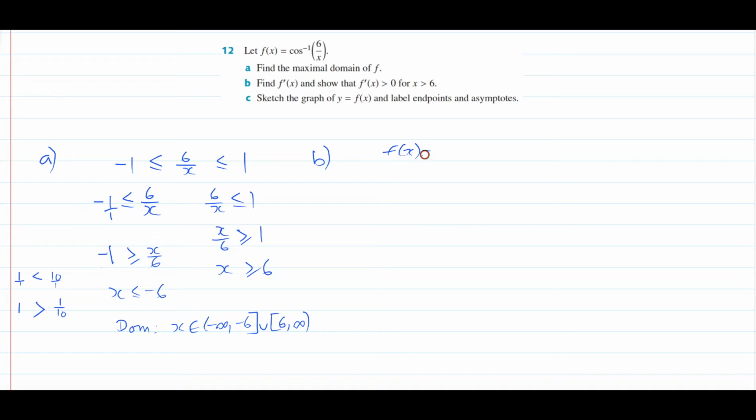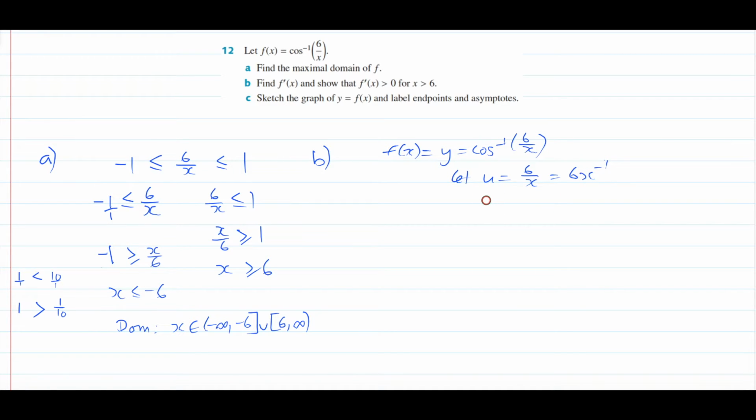f(x), I'll make that equal to y, and I'll write the equation down first. You can't just differentiate this normally, so you want to use the chain rule. We let u equal 6 over x, which is essentially 6x to the power of -1.